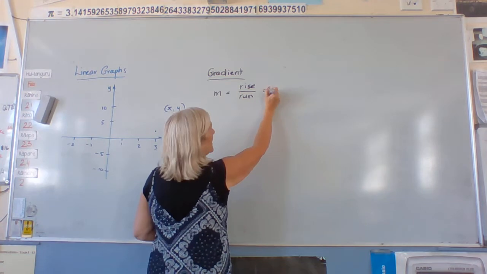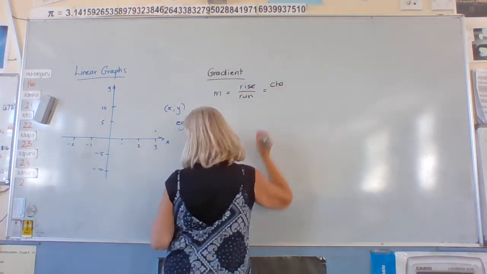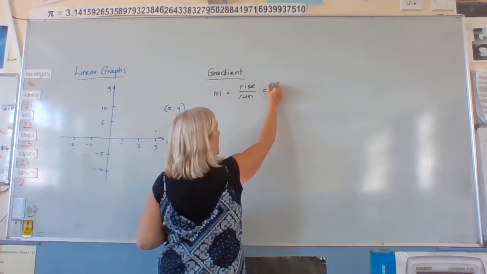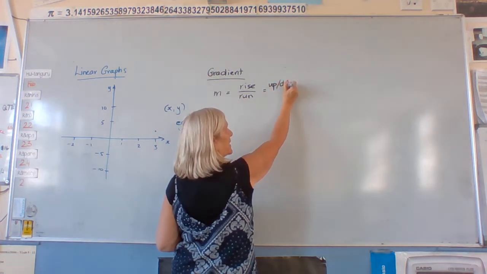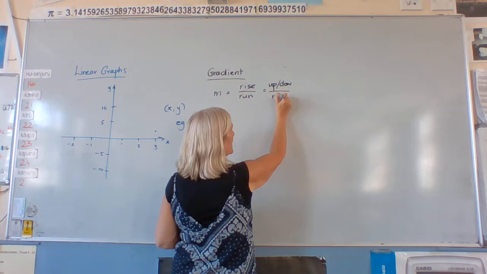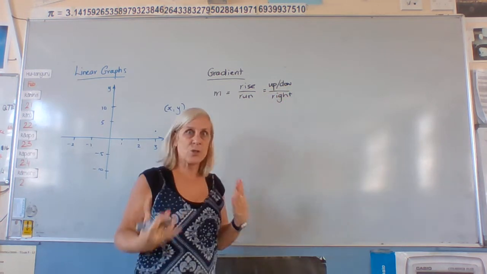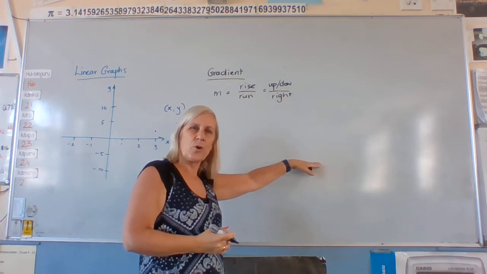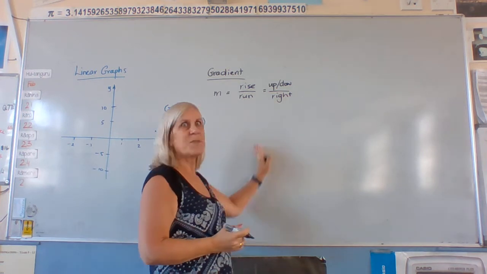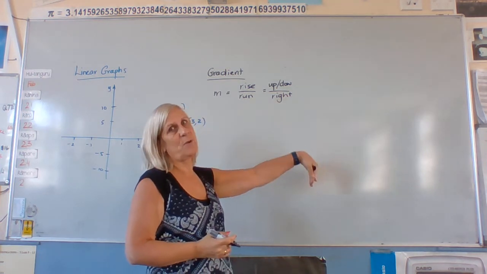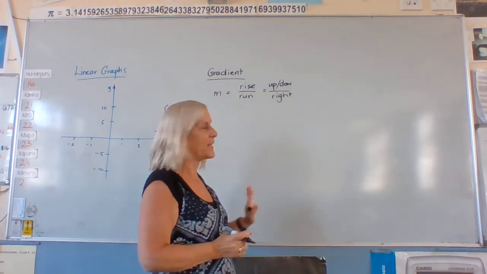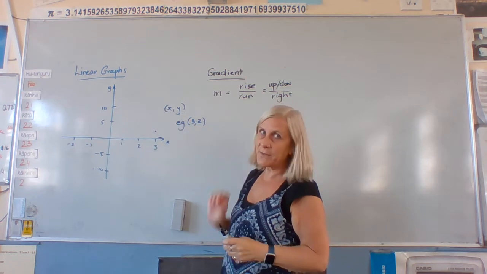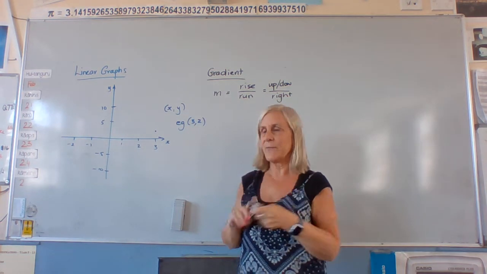I call it up, down, down being the negative, over right. So it just depends on what you've learned and who from, but it's that sort of idea. We go up and then across. So we always say we walk up the diving ladder and then across to dive off. We can't walk across and then up the diving ladder, we'd be in the wash and start. Whereas for coordinates, we go alphabetically. So they're two completely different things.